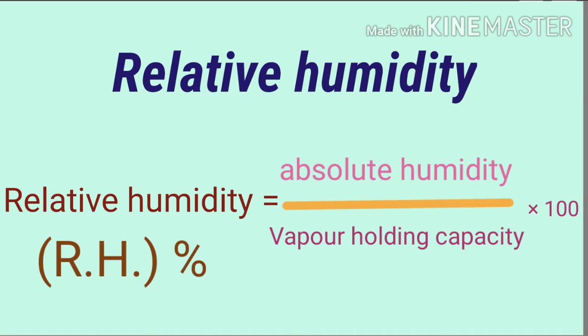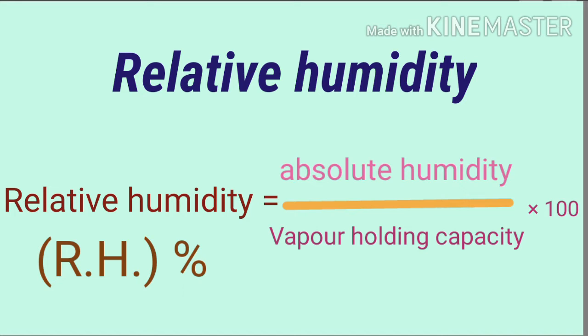Relative humidity means how much percentage of water vapor is needed to reach the saturation of the air. What is saturation of the air? When the water holding capacity of air becomes equal to the moisture present in the air, it is called saturation of air.